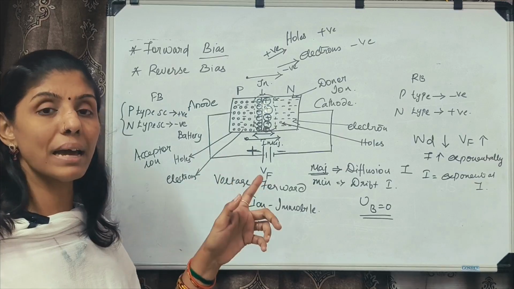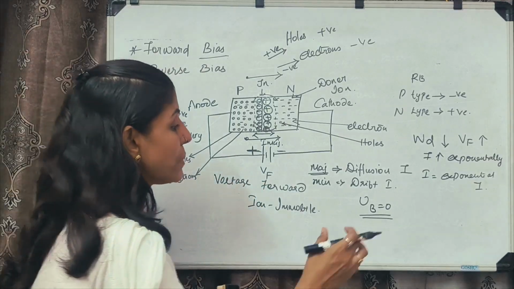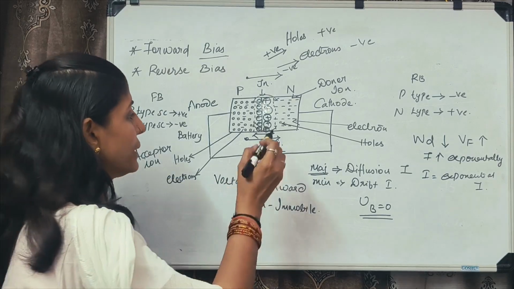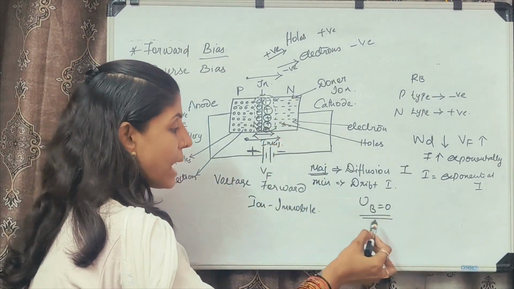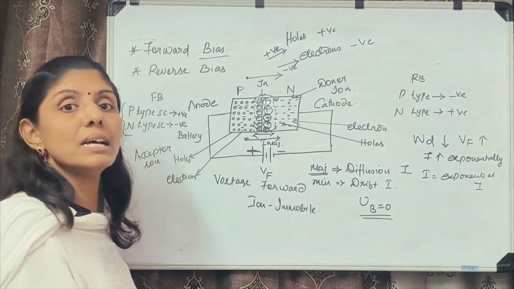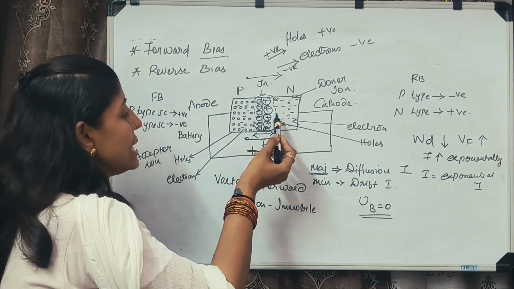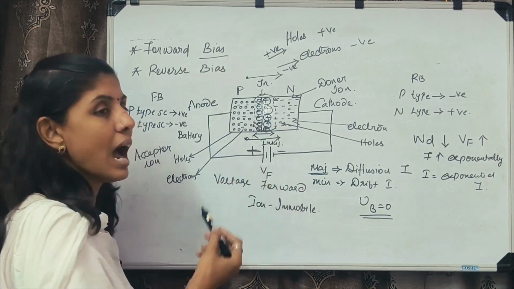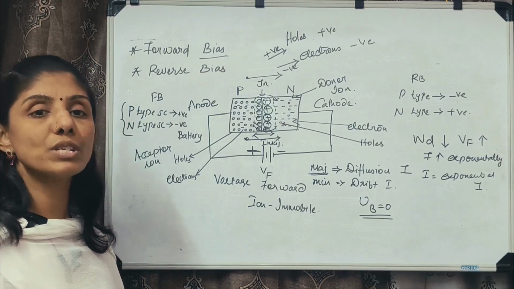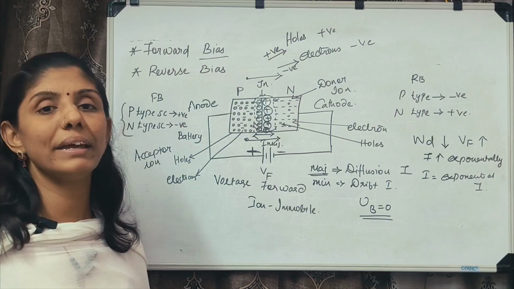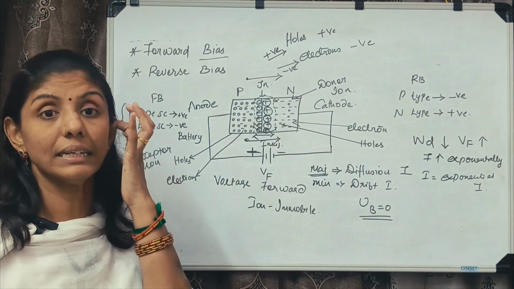That's why the barrier potential will become 0 at one particular time. After that, the electrons try to cross the junction and get absorbed by the positive terminal of the battery, right? That's why the current will increase exponentially.